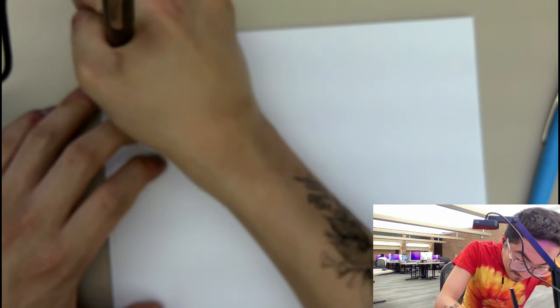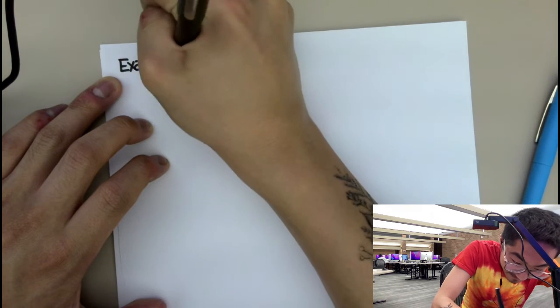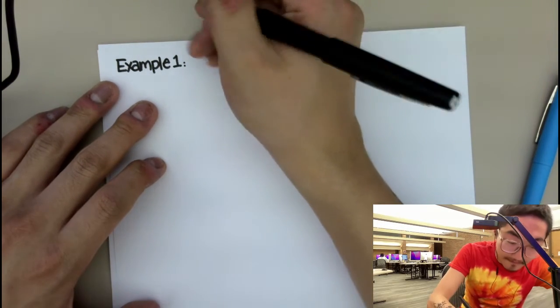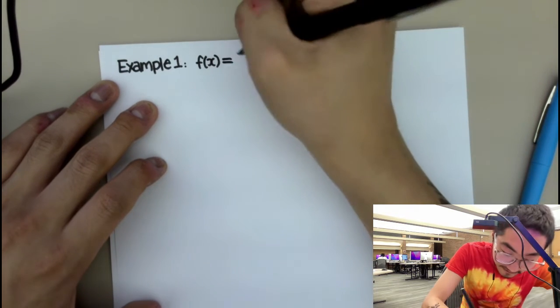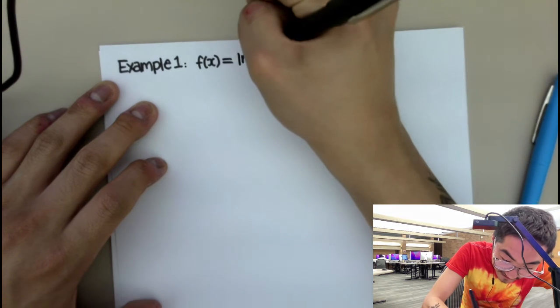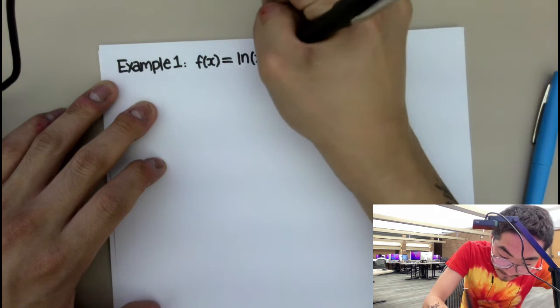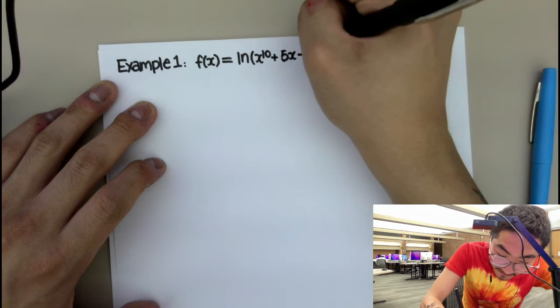Now let's do some examples. The first example: we have a function f of x equal to the natural log of x to the 10th minus 5x plus 5x minus 1.